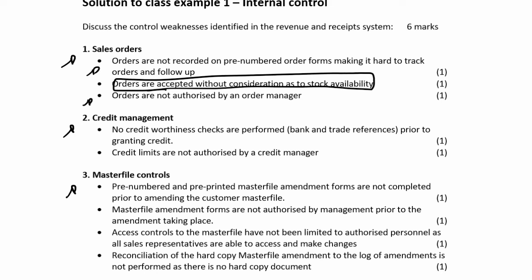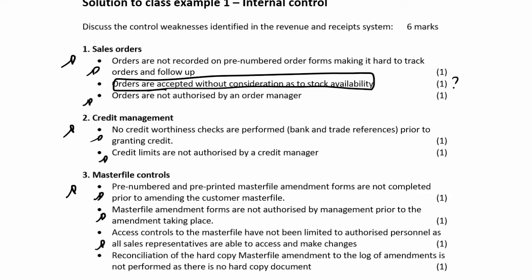There's no mention of the type of sale, so this one is questionable in this specific scenario. But when you go and see what they do and sell in another scenario, that would become relevant. Credit management, there's no creditworthy checks, trade references, bank references, and the limits are not authorized. And the terms are not authorized. And your master file controls, there's no credit application form, it's not authorized, and then access to the master file is not restricted.